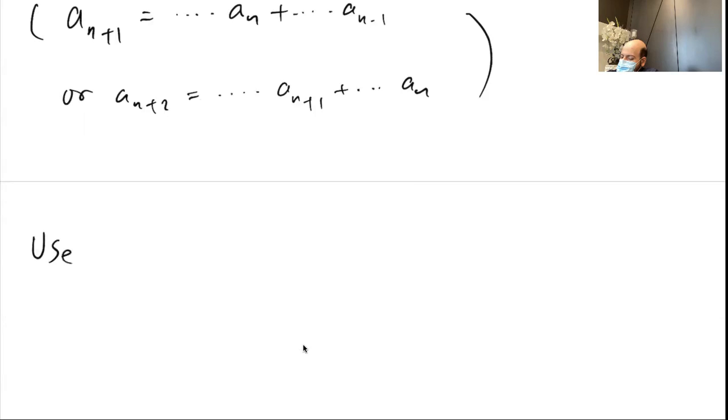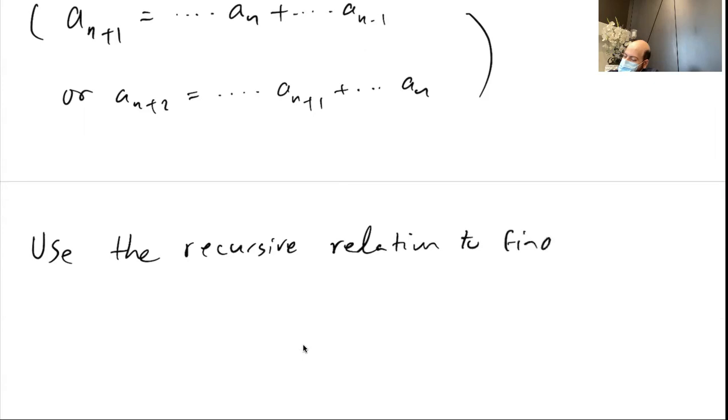So use the recursive relation to find A2, A3, A4, A5, and all these terms in terms of A0, A1.